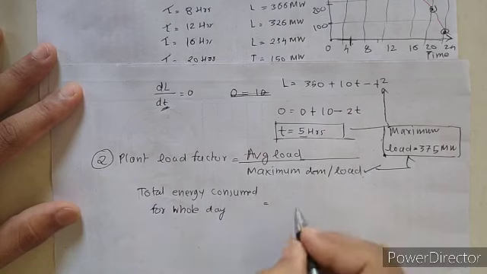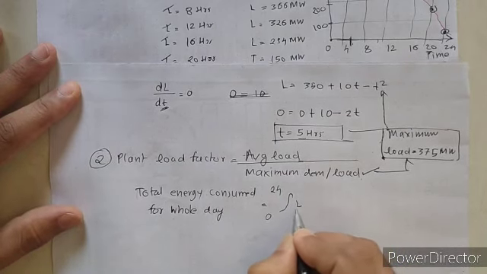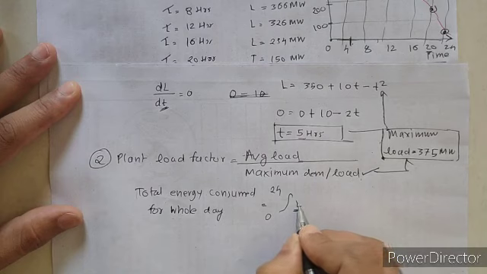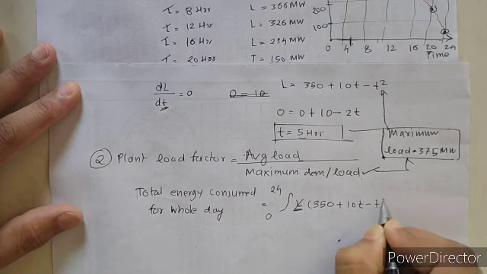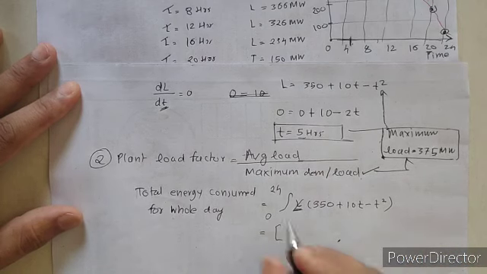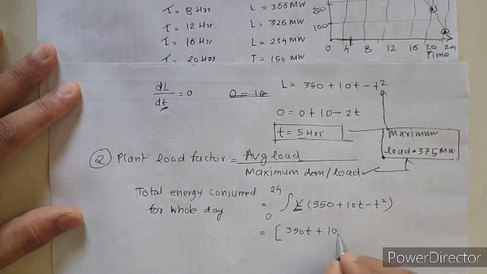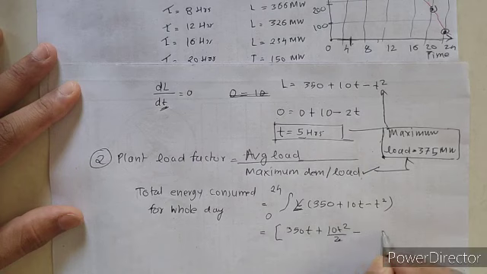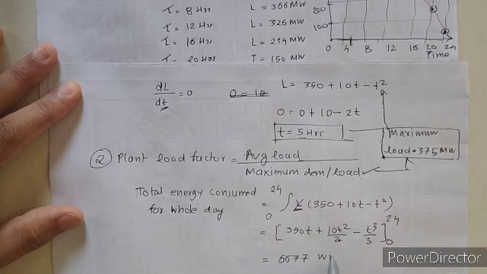We can get it by integrating the load equation from 0 to 24 hours: the integral of 350 plus 10t minus t square, which is 350t plus 10t square upon 2 minus t cube upon 3, between 0 and 24 hours. So total energy consumed for the whole day will be about 6672 megawatt hours.